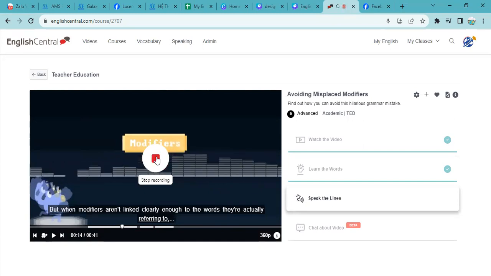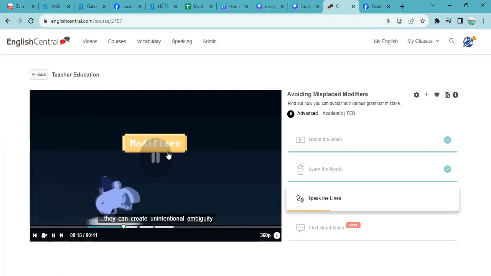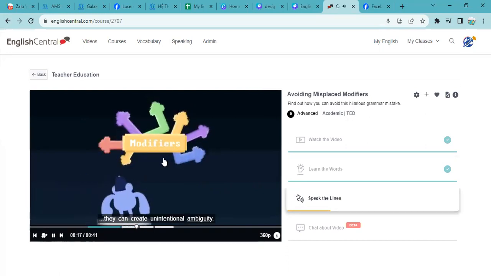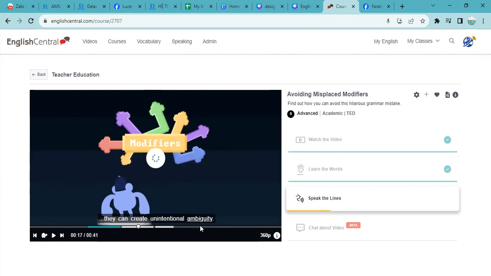But when modifiers aren't linked clearly enough to the words they are actually referring to, they can create unintentional ambiguity. I'm not sure if it's exactly right or not.